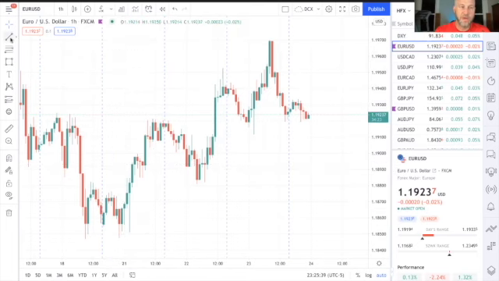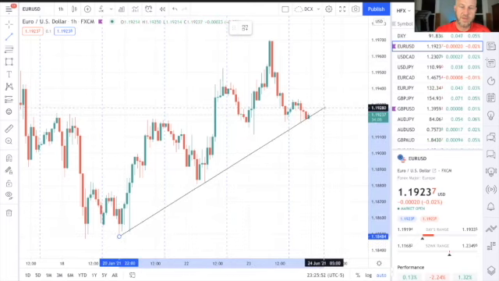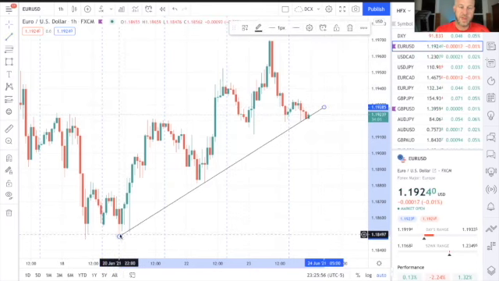Now, for it to be a trend, you really need it to have two or maybe even three points of contact when you draw a trend line. So if you had a line that ran basically like this, you'll notice that from the low, it runs up, and then a higher low, higher high, higher low, higher high, and then it comes back down.